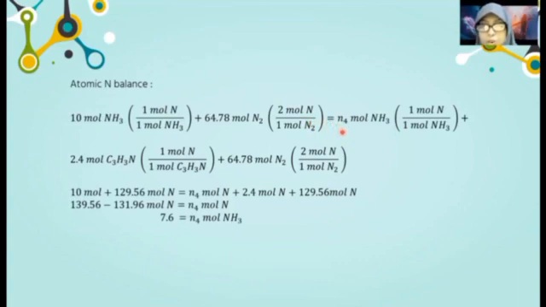Sama dengan N4 sebab kita tahu berapa nilai feed dia. Mol NH3 dengan 1 mol NH3 per dengan 1 mol N tambah dengan 2.4 mol C3H3N darab dengan 1 mol C3H3N per dengan 1 mol N tambah dengan 64.78 mol N2 darab dengan 1 mol N2 per dengan 2 mol N. So kita buat macam biasa, kita potong supaya kita tidak confuse.